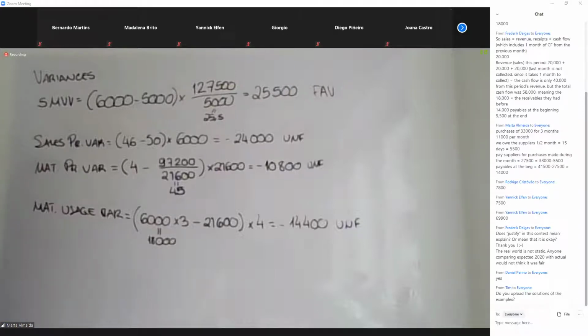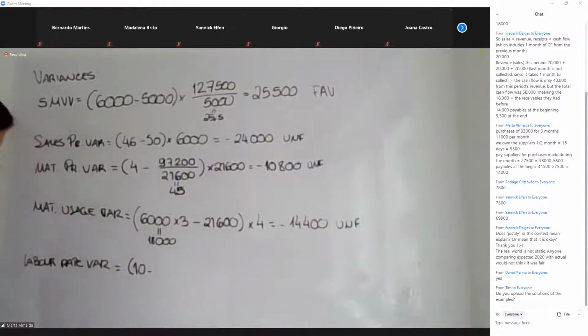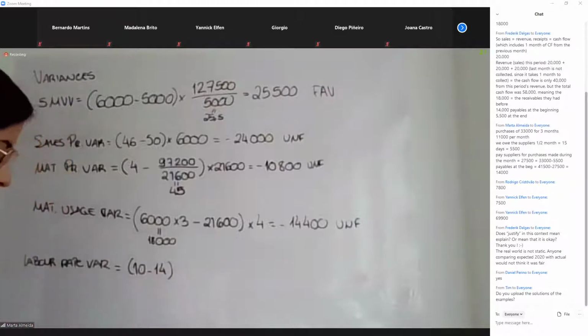Now we will go for labor. We will calculate the labor rate variance, which is the price variance of labor. We know that the labor rate variance is equal to the budgeted wage rate per hour, which is £10, minus the actual wage rate per hour, which was £14. All of these we get from the exercise.